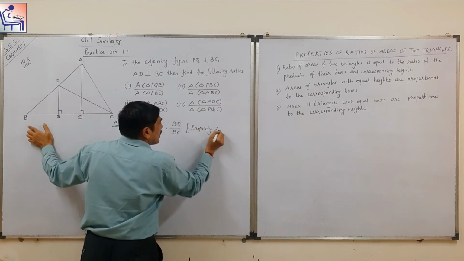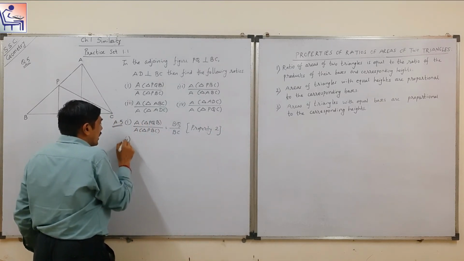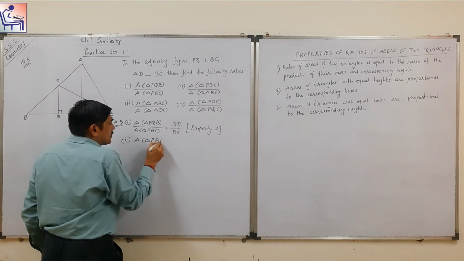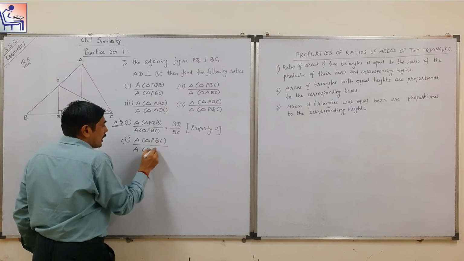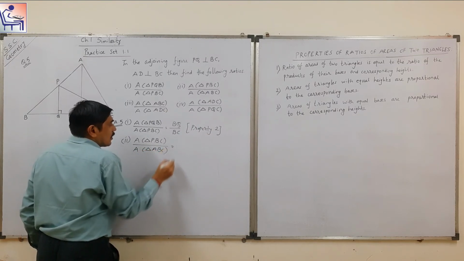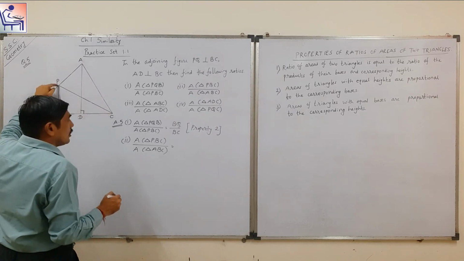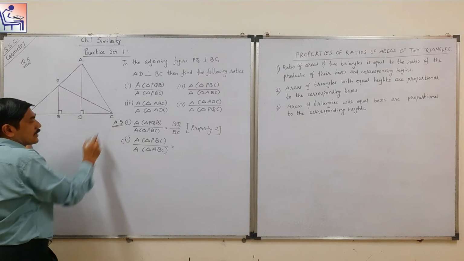Here I will write property 2. You have to write it completely. Now, second, area of triangle PBC upon area of triangle ABC. PBC, please check the triangle PBC. So here we got the PQ as height and BC as the base.